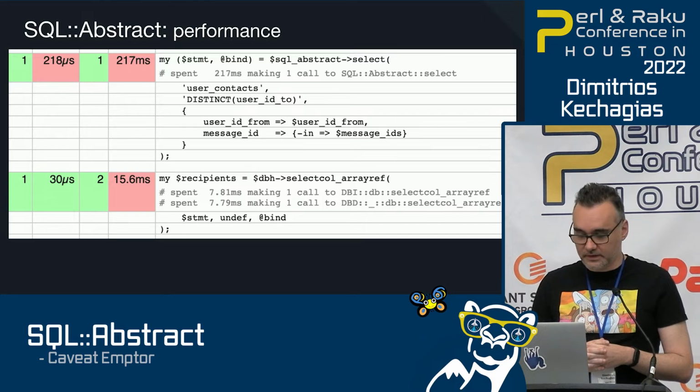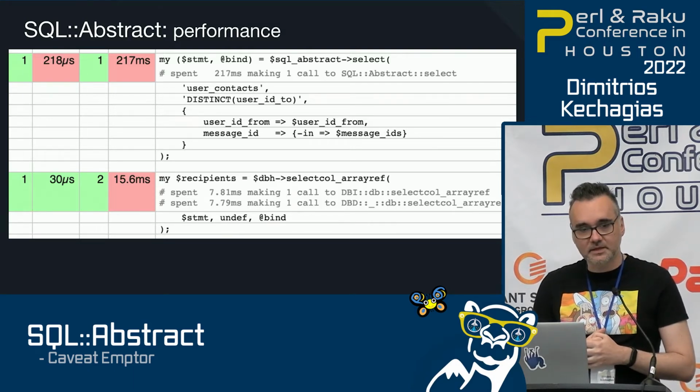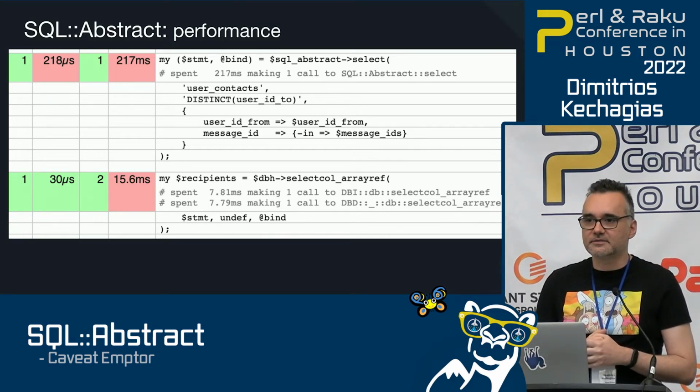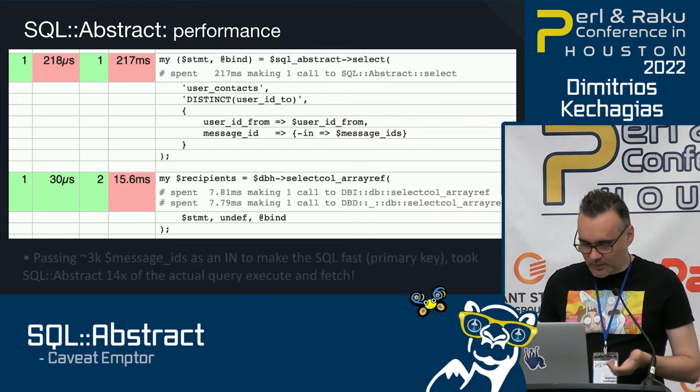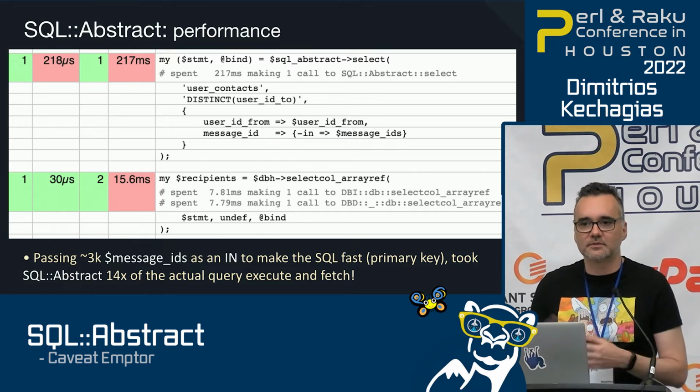If you note, the SQLAbstract is creating my query in 217 milliseconds. That's 14 times slower than it takes for the query to execute and fetch. We were passing 3,000 message IDs. That was the primary key.